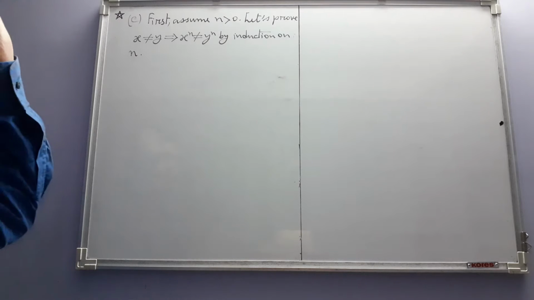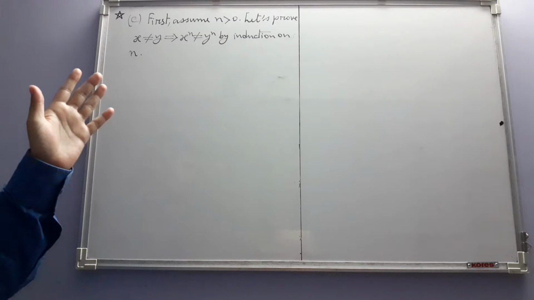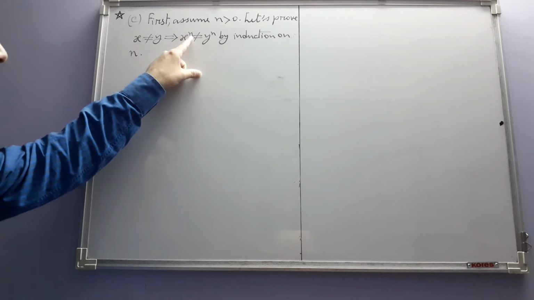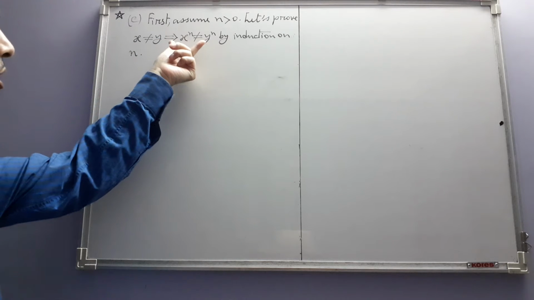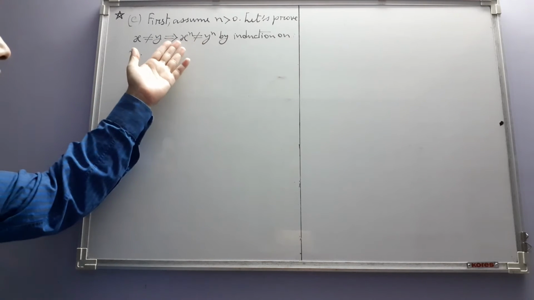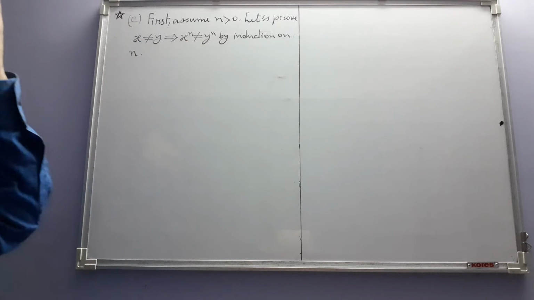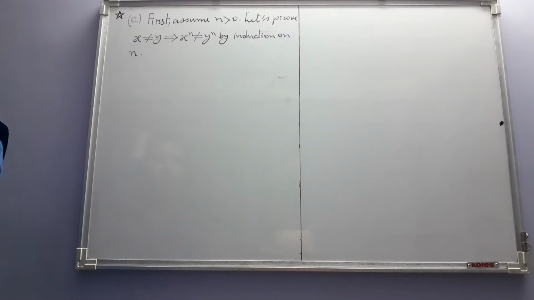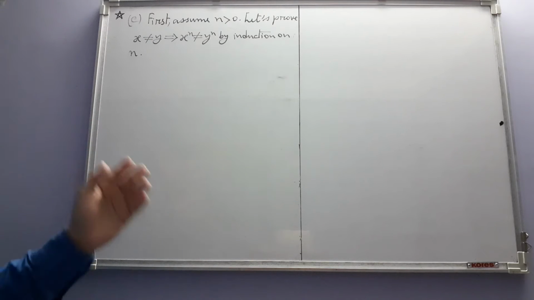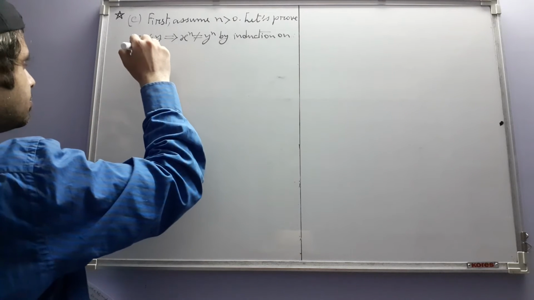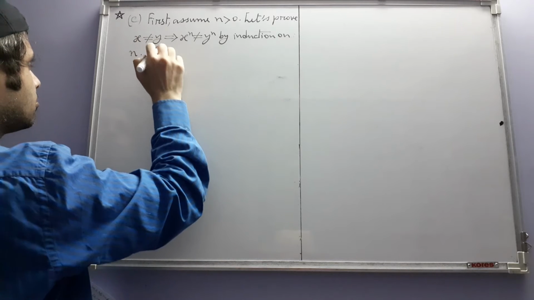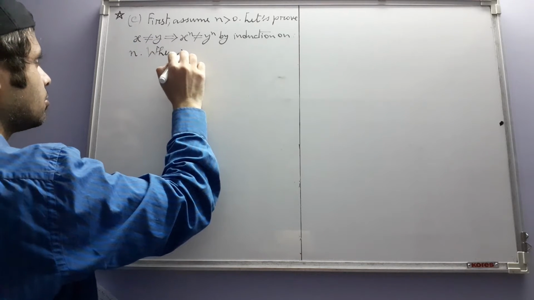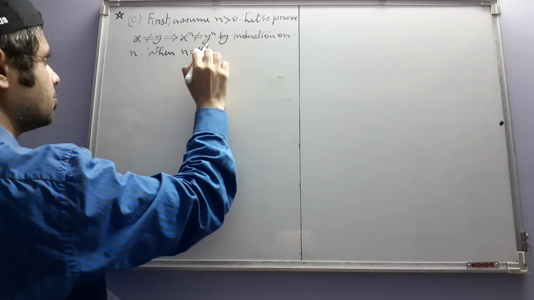Okay, so the base case is n equal to 1, and you can see that when n is 1, the conclusion of this implication is x not equal to y, which is the same as the hypothesis of the implication. So in this case, the implication is trivially true.